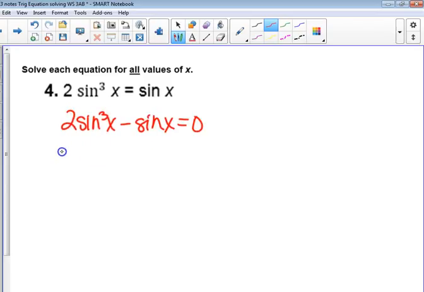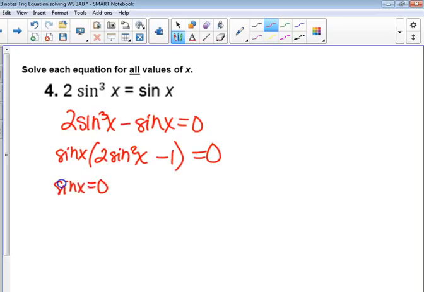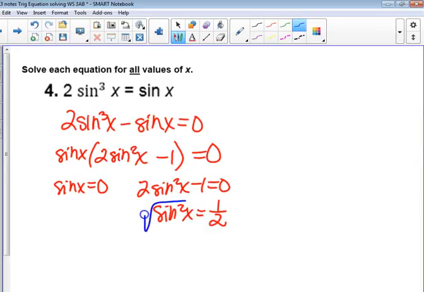Factor it out, see what you get. Can't refactor that one, so you're going to have to square root.